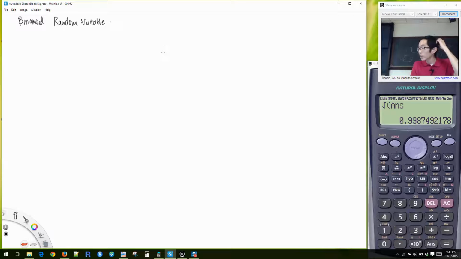Okay. And I'm just going to deal with the version with counts. The book also talks about proportions, but I prefer to deal with just counts.